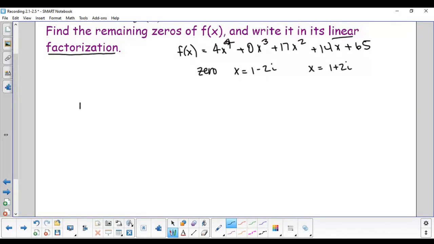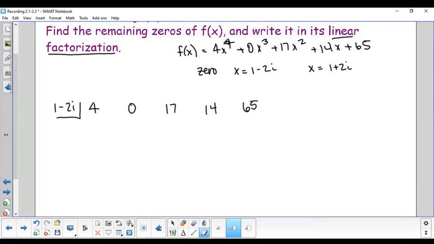We're going to do synthetic division with the first zero they gave us, which was 1 minus 2i. I'm going to go ahead and list my coefficients. So I have 4, 0, 17, 14, and 65. Again, I'm just going to double check that I didn't make a mistake with any of my signs.